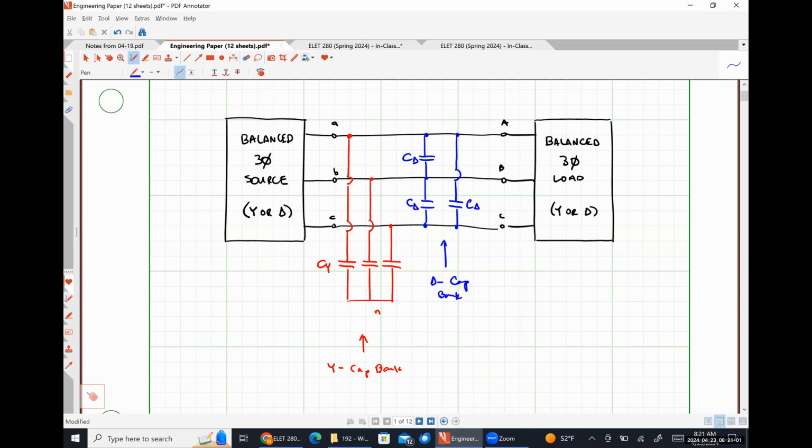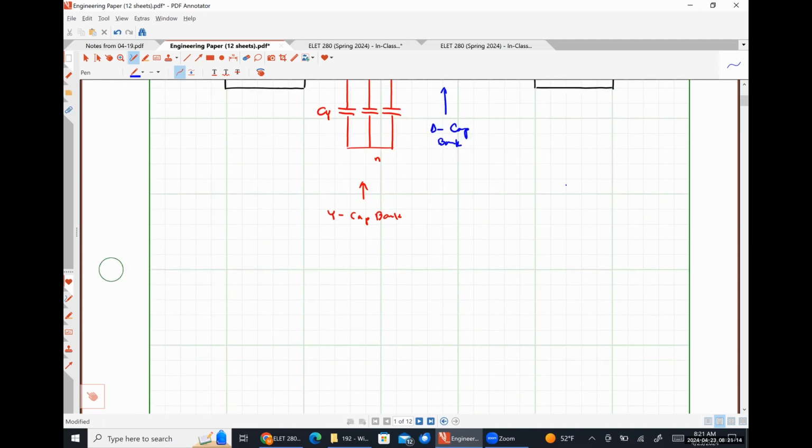The hardest part of dealing with three-phase power factor correction is, one, remembering that in our equation for power factor correction, let me write that down here.